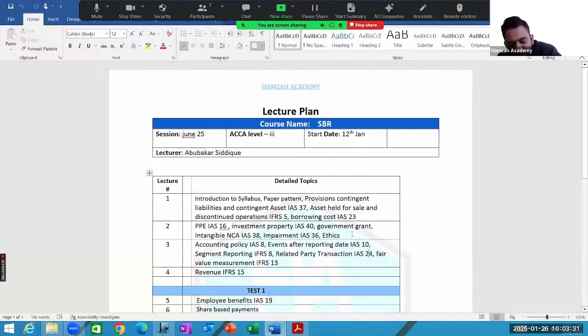So if you have revised it, then it will be easier to understand. Okay, because these are the standards which we're not going to study for the first time. So I advise you to read 16, 40, and government grant IS-20 before the next class. And in the next class, I will be doing a quick revision of these standards along with some practice questions.